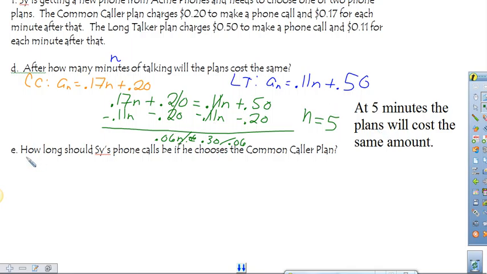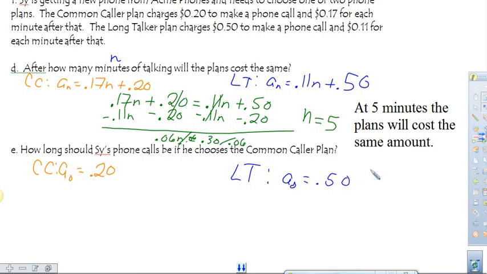So then the question becomes how long should Sai's phone calls be if he chooses the common caller plan? You've got to think through this. You've got 2 plans here. You've got a common caller plan, and you've got a long talker plan. At the beginning, at your a sub 0, this one is 20 cents, and over here, your a sub 0 is 50 cents.